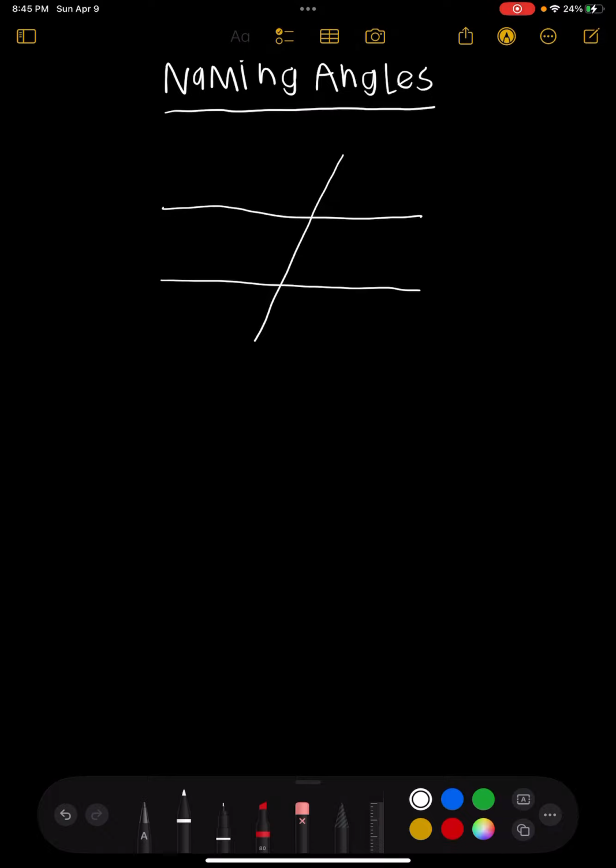The first one that we're going to talk about is alternate interior, and I'm going to do it with different colors. Alternate interior angles are angles on the inside of those two parallel lines, but they're on opposite sides of the transversal. An example would be this one and this one. Those are considered alternate interior angles.